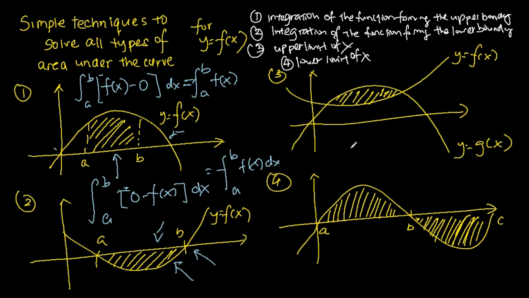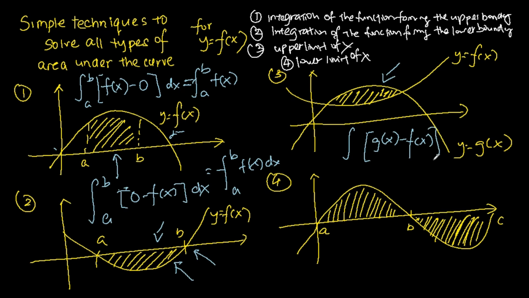Now let's take a look at the third question. As for the third question, we're going to apply the same technique. First, we find the integration of the function forming the upper boundary, which in this case is y equals g(x). Then we find the integration of the function forming the lower boundary, which in this case is f(x).